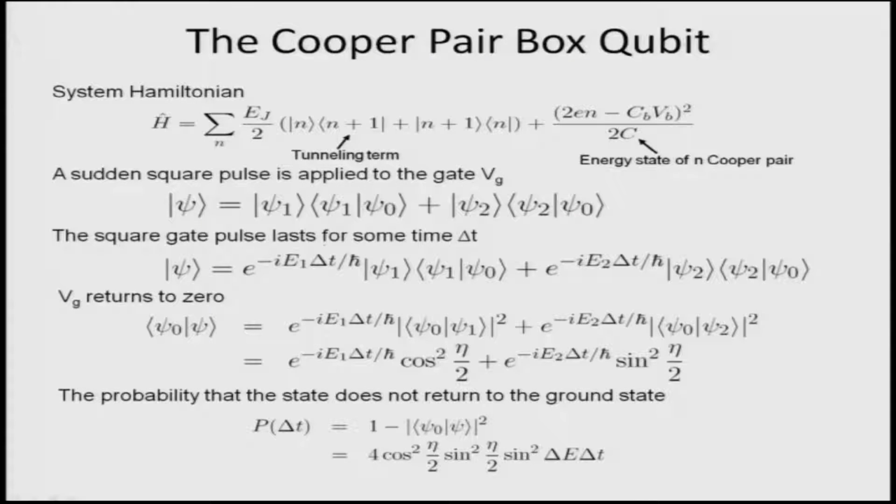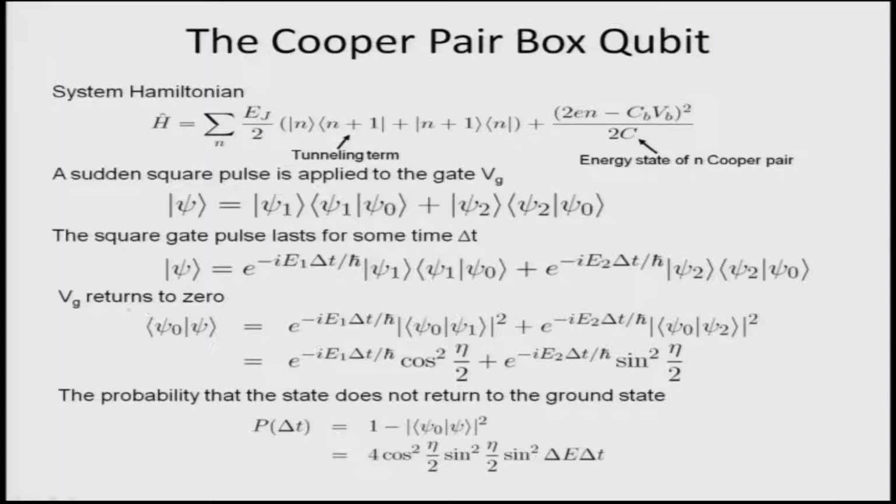The square gate pulse lasts for some time, delta t, which ensures that there is a temporal evolution of the system, and that is given in terms of this Heisenberg integrated form.